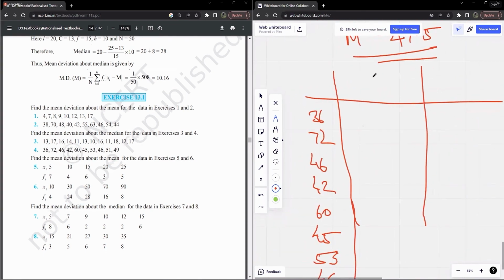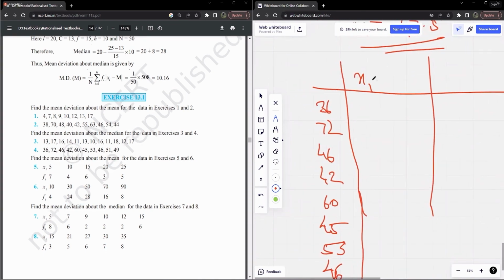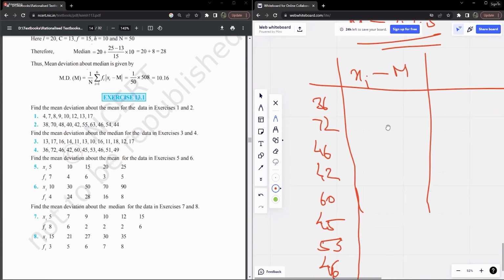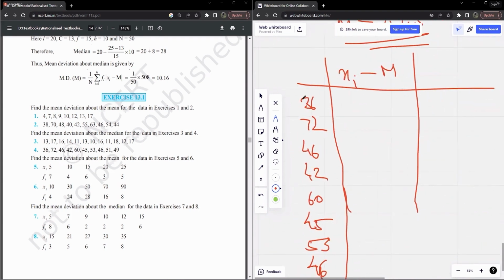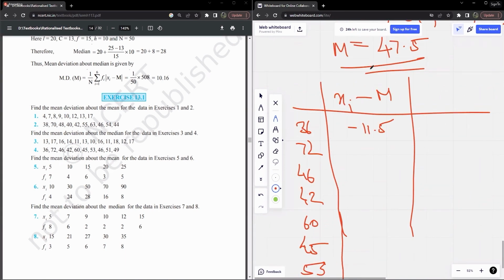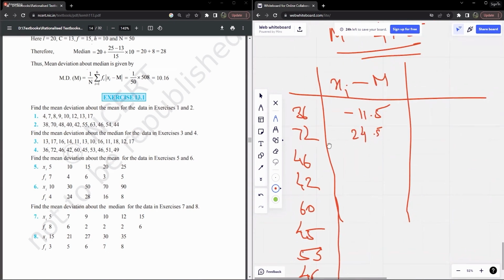This is xi minus capital M, that is 47.5. Right. 36 minus 47.5 is negative 11.5. 72 is 24.5. Right.